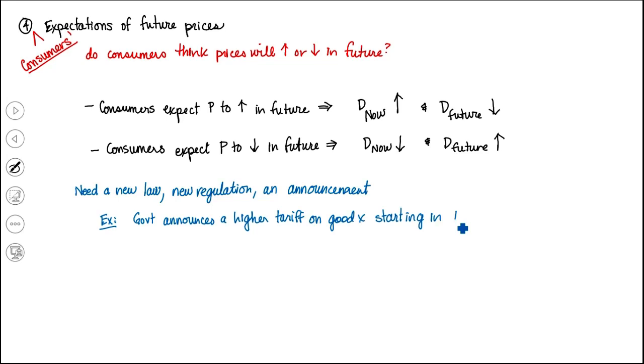So our government says, hey, we're going to increase the tariff on good X, and it's going to be put in place in 1 month. Now, if you need good X, what are you doing? You're running out and getting good X, right? That's expectations, okay? I've changed my thinking about the pattern of prices.